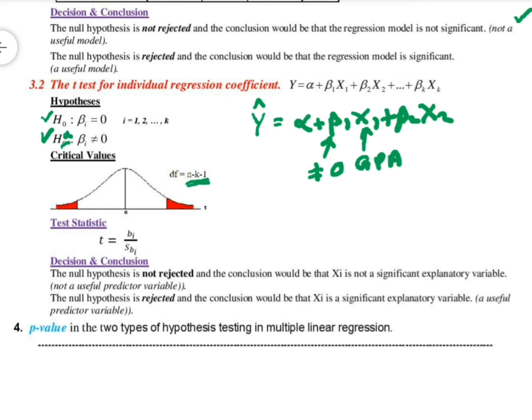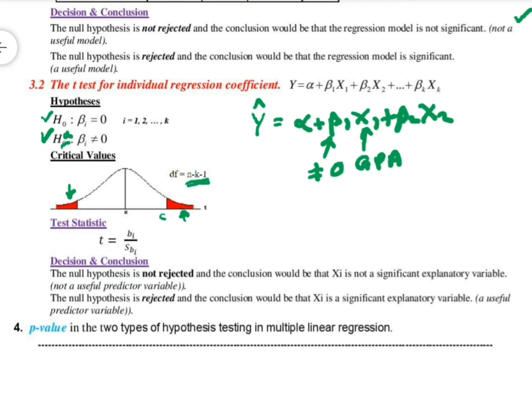N is sample size, the number of observations. K is the number of predictors. After computing the test statistic, here are the rejection regions. For critical value reading, use the T table with n minus k minus 1.